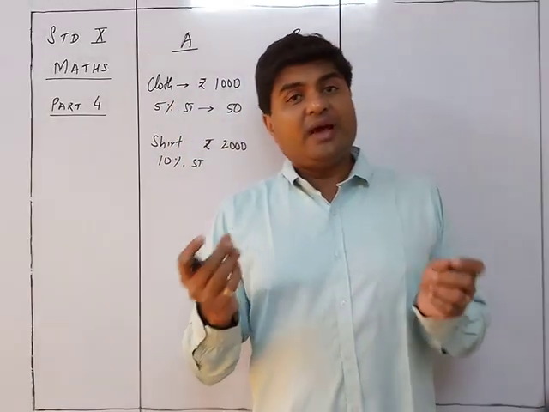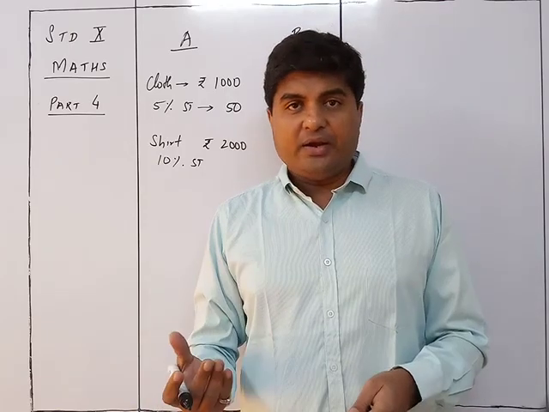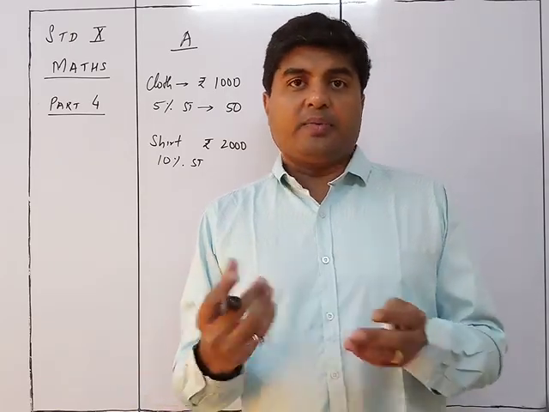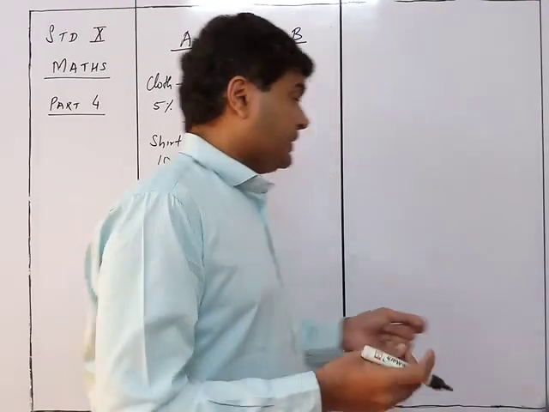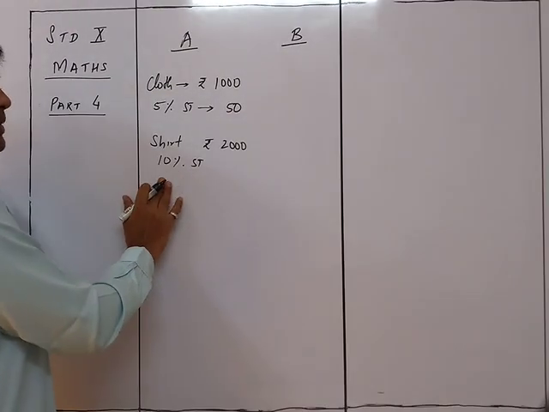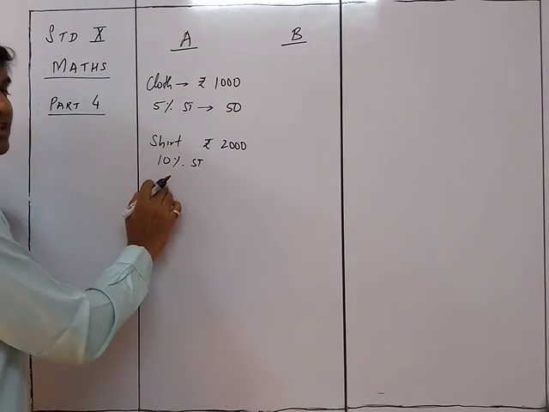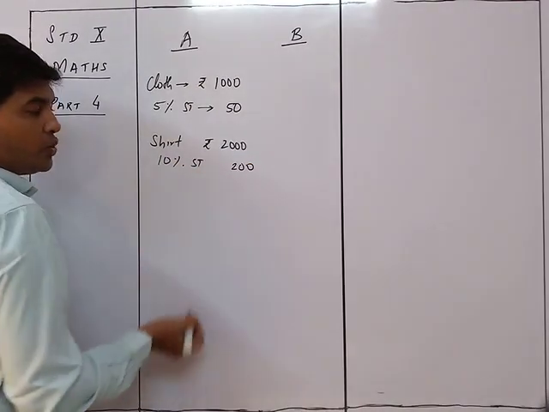The cloth will have a very small rate because it is a necessity, whereas when it is converted into a commodity that enhances its value, like a shirt, it becomes 10%. So when he is selling this, the tax will be 200 rupees.